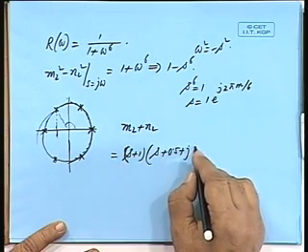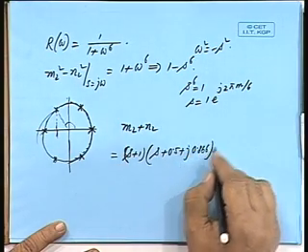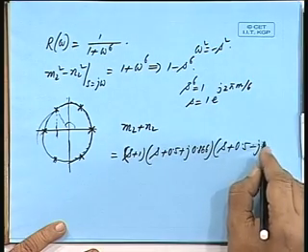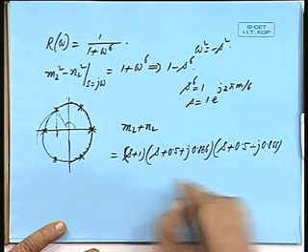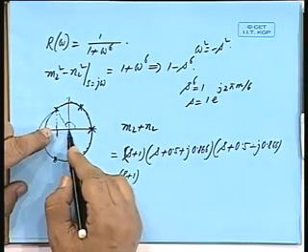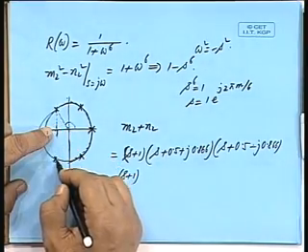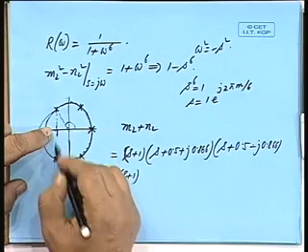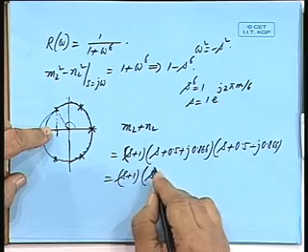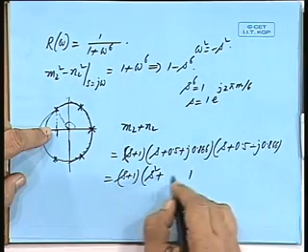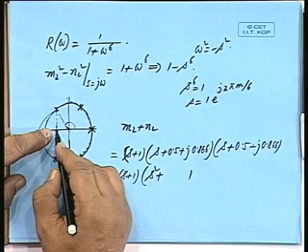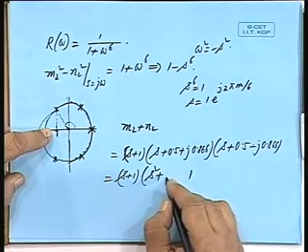So one is s plus 0.5 plus j 0.866 and the other s plus 0.5 minus j 0.866. Is that all right? So that gives me s plus 1 into s plus alpha plus j beta and alpha minus j beta. If I multiply, it will be alpha squared plus beta squared, which is 1. So s squared plus 1 plus 2 into the real part, which is 0.5, 2 into 0.5 is 1, into s.